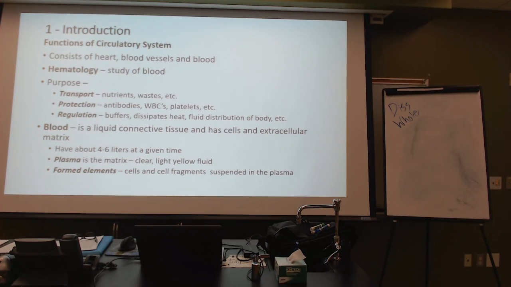Now, formed elements, simply telling us that these are the parts that are staying whole. Okay? They're going to be whole within this liquid. So that would be our cells, such as red blood cells, white blood cells, and then those cell fragments, which we know as the platelets.